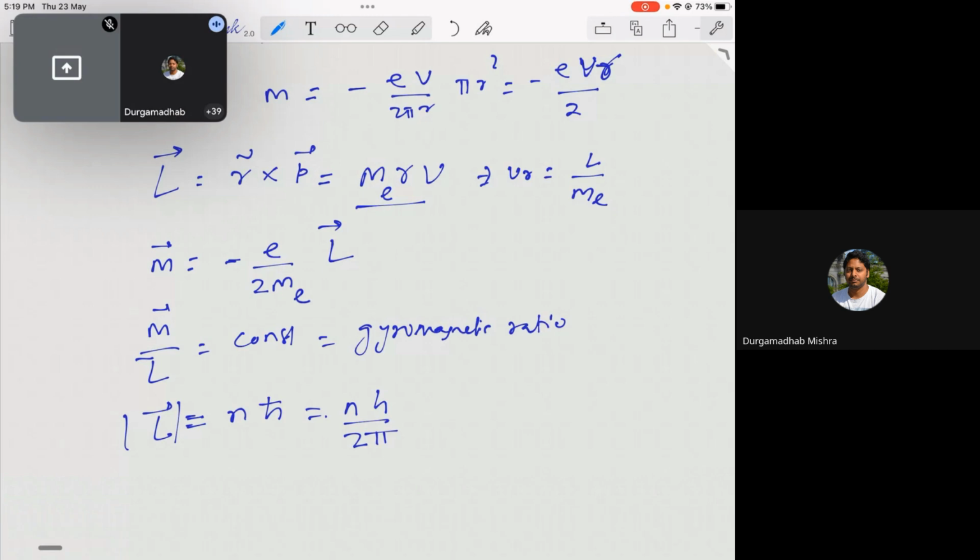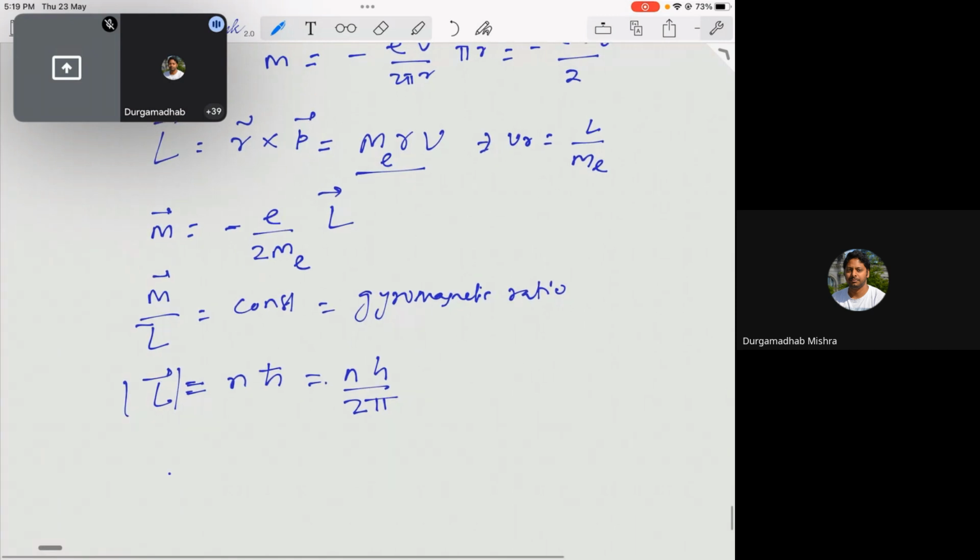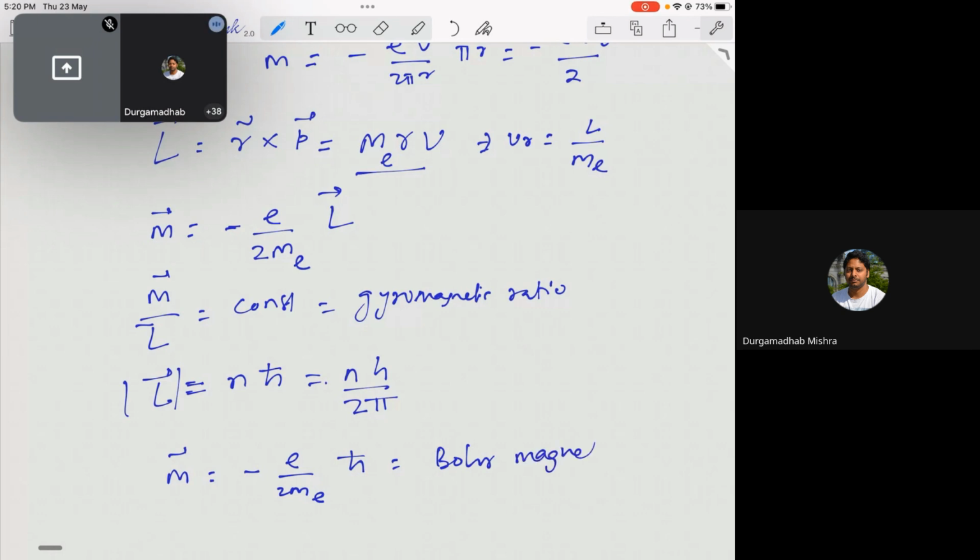Okay. So if you substitute this L in the magnetic moment, you can calculate the fundamental unit of the magnetic moment of an electron, e by 2 me, so it will be just e h cross by 2 me. This is known as your Bohr magneton.